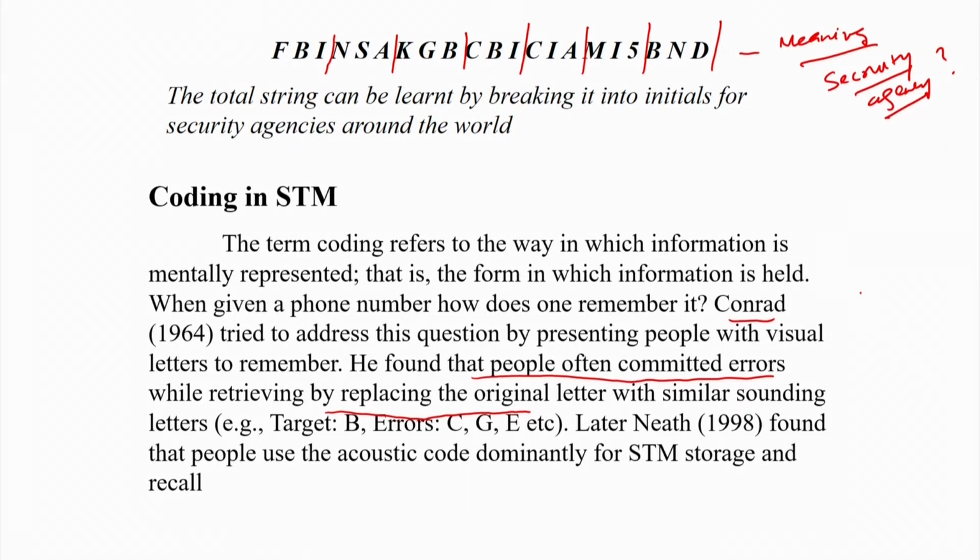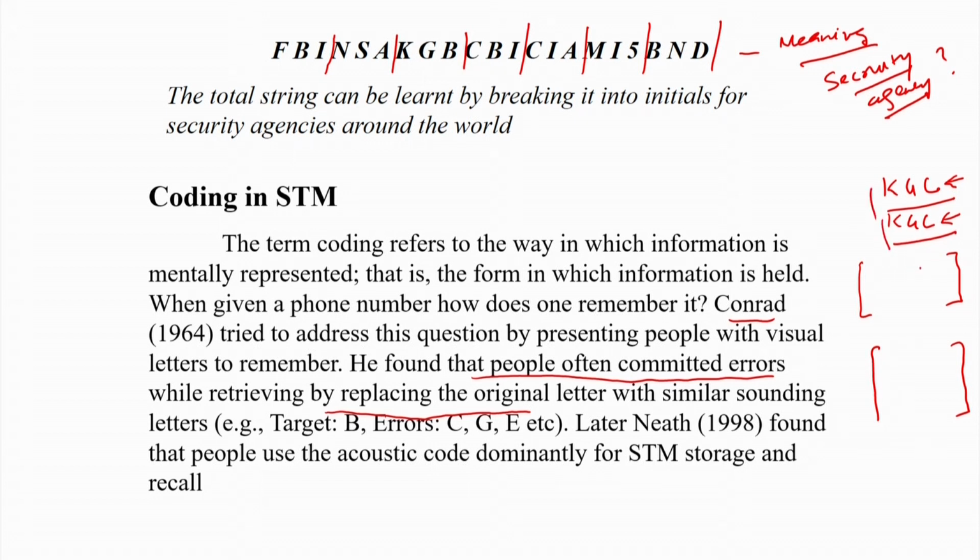For example, two presentations of these letters were done. In one case, K, G, C was given to people visually, and in the other version of the experiment, K, G, C was presented through an auditory stimulus.